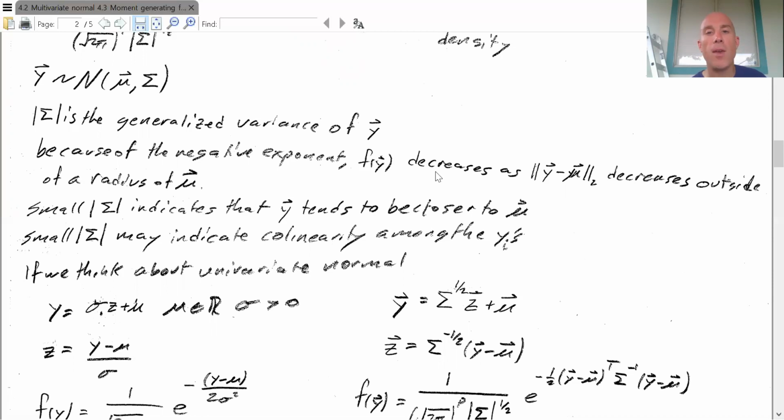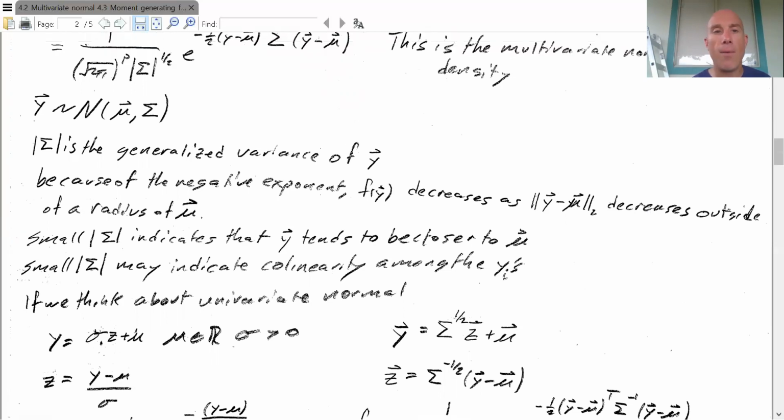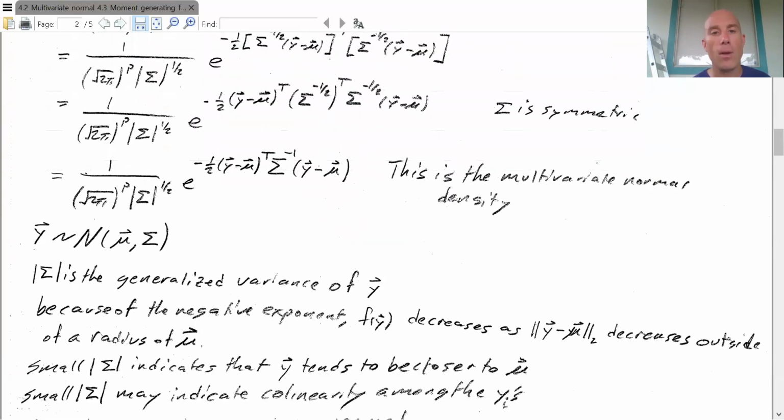What I'm trying to say here is that if we keep on moving out, we know that the density is going to decrease. Why do we know that? If I look up here, if we get far enough out with y minus mu, then when I multiply this out, it's going to be a larger value. A larger value times a negative is going to be a larger negative.